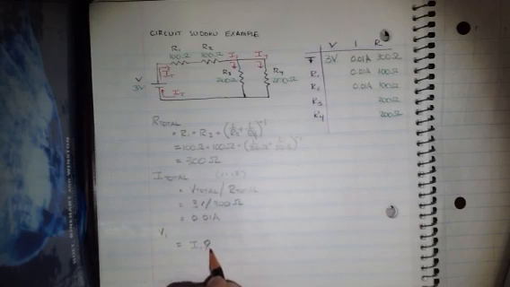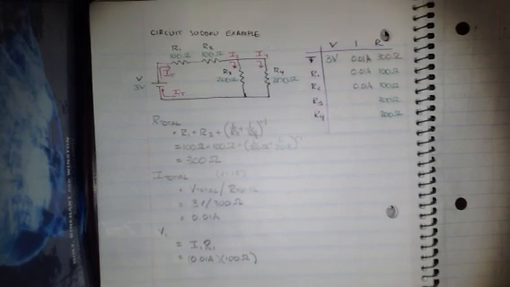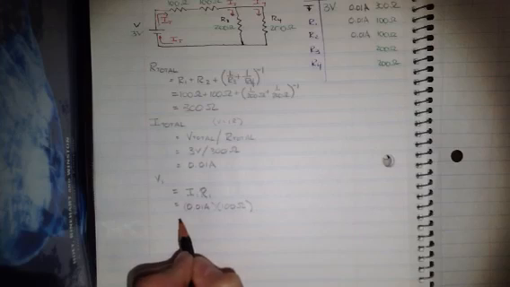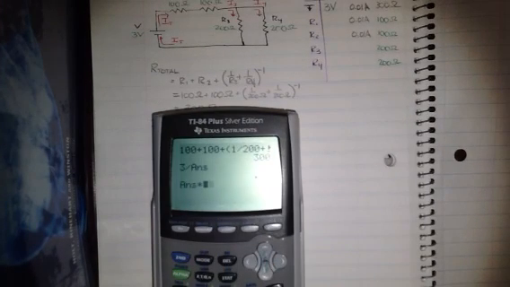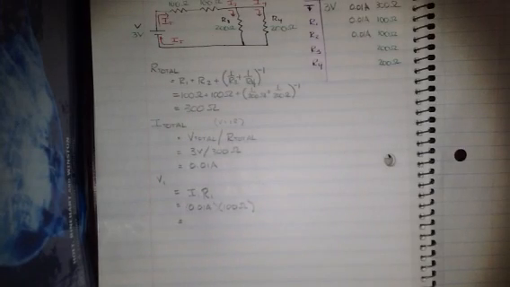And the resistance value. The voltage drop across resistor 1, 0.01 times 100, is 1 volt.